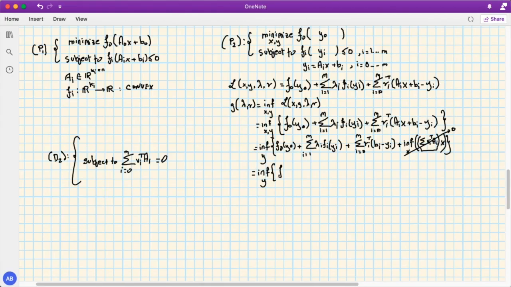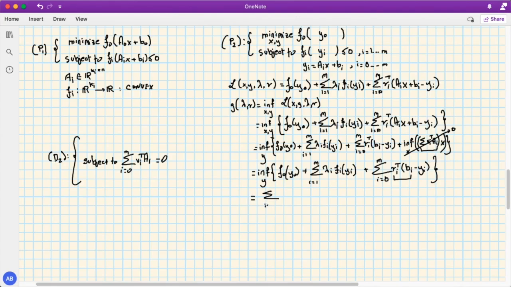That is f0 of y0 plus the sum i going from 1 till m, lambda i, fi of yi, plus the sum from 0 till m, nu i transpose bi minus yi. Okay? Now let's extract terms that do not depend on y, which is this term over here. Let's extract it outside.